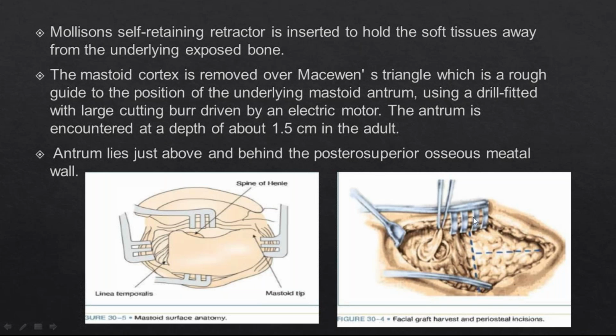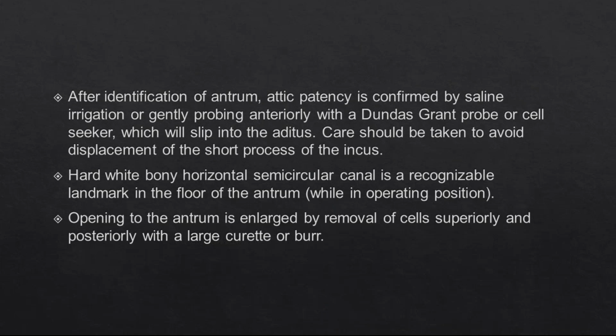Ideally, after making the triangle of attack, you start the drilling posterior superior to the spine of Henle. Then you go on drilling medially and try to identify the antrum.